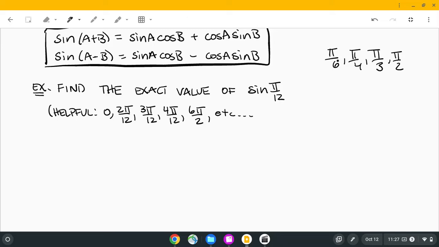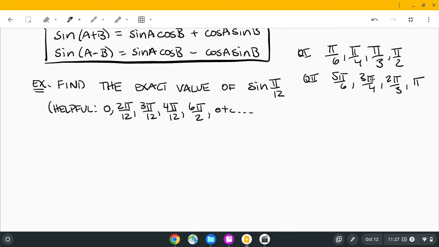So we would do, which one is that? That would be 5 pi over 6 in quadrant 2, 3 pi over 4 in quadrant 2. These are the ones in quadrant 1. These are the ones in quadrant 2. 3 pi over 4, and then 2 pi over 3, and then pi.